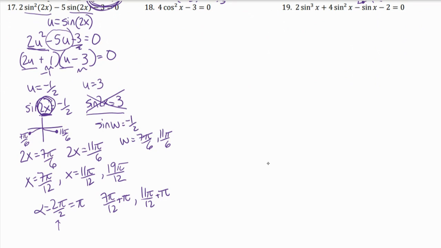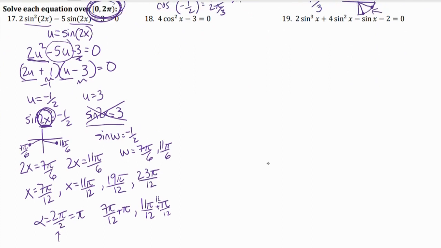Because 19 over 12 is less than 24 over 12, and 24 over 12 is 2, and then pi. So 19 pi over 12 is within my domain. And same thing with 11 pi over 12. If I add 12 pi over 12, I get 23 pi over 12, which is close, but not quite 24 pi over 12. So this is still between 0 and 2 pi.